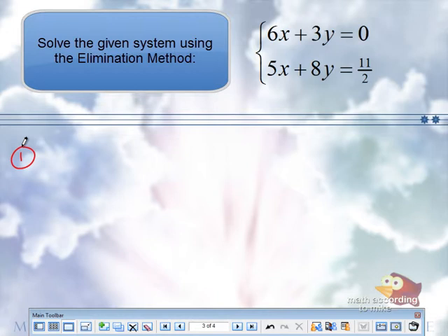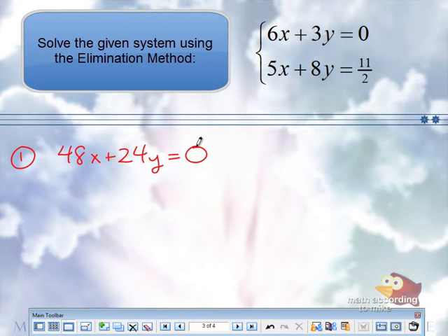So if I multiply the first equation by 8, what do I get? Equals 0. Someone else multiplying, well, that was really two people. We multiplied the first equation by 8. Correct. And now we're going to multiply the second one by negative 3 so that the y's will have opposite signs.